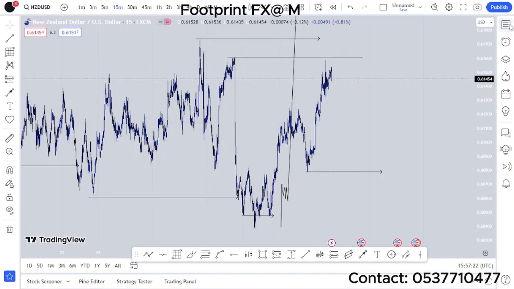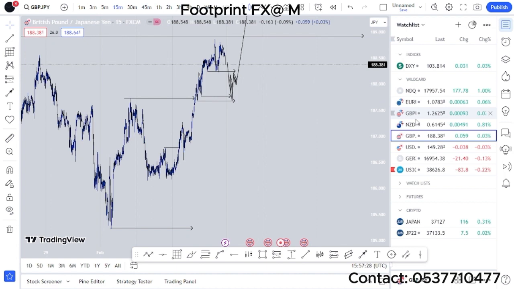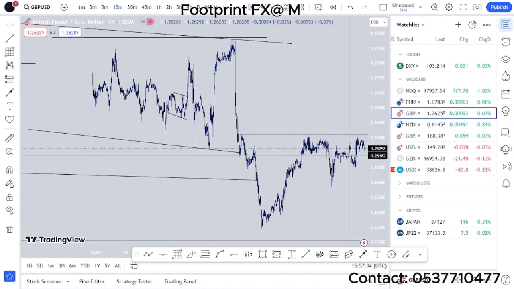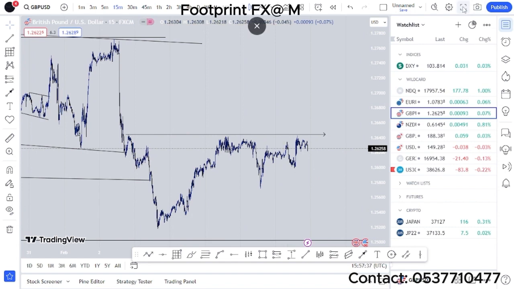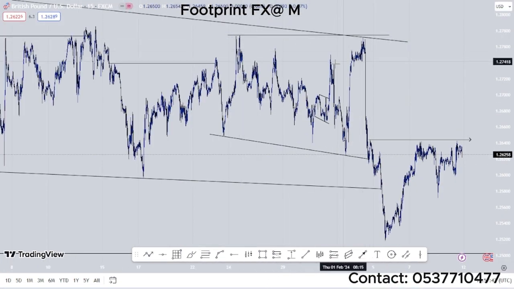So now let's finish with GBP USD. We have our overall setup, and it was a nice setup that we got.